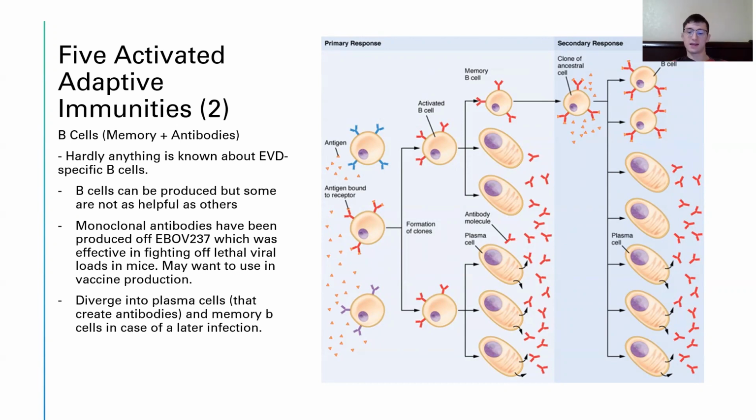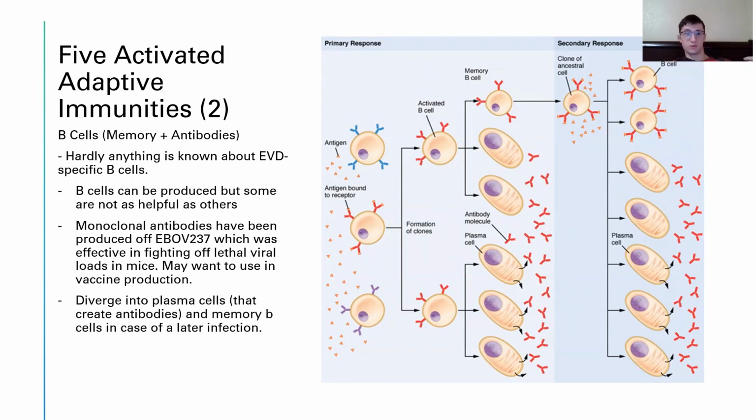Recognition of the glycan cap epitope recognized by EBOV 237 suggests that this antigenic site should be considered in vaccine design and treatment strategies for Ebola virus. And I agree with that.